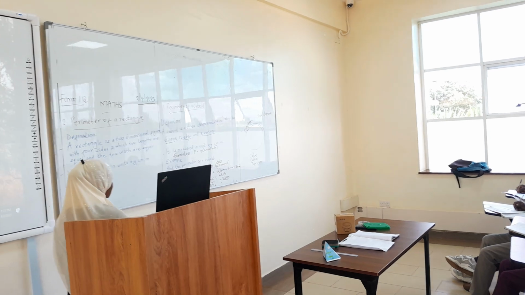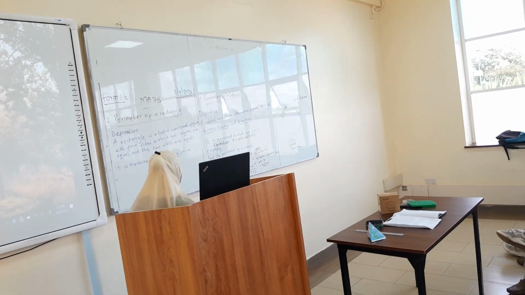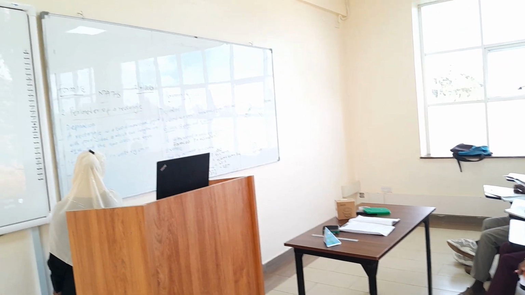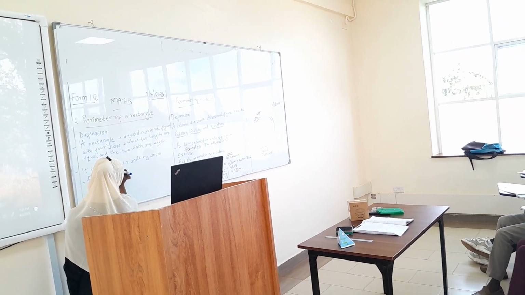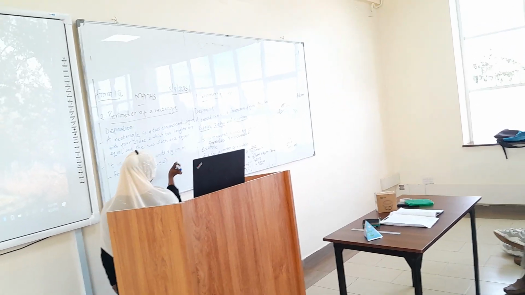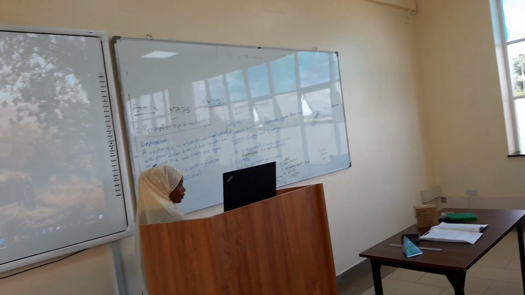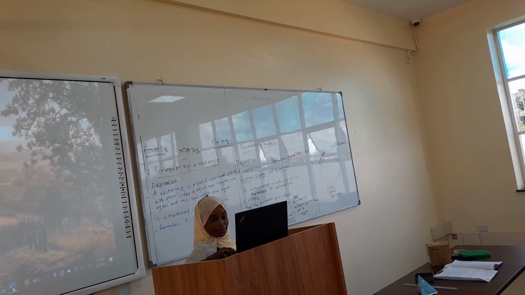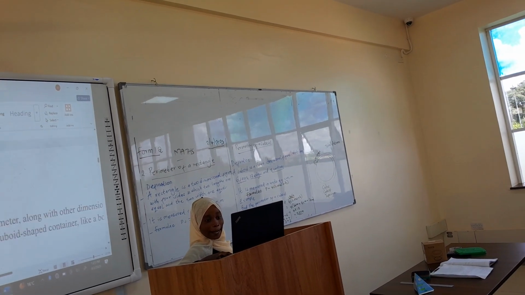So, since we are interested in the shape of the rectangle, the formula of the perimeter of a rectangle is 2 into length plus width. Are you done? Yes.